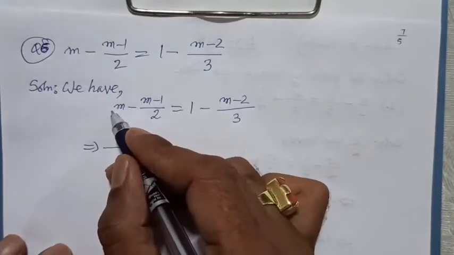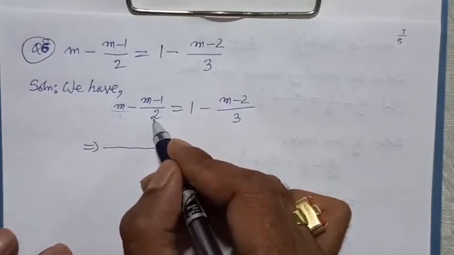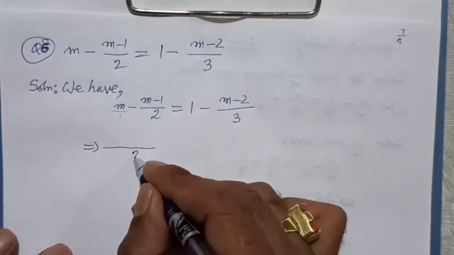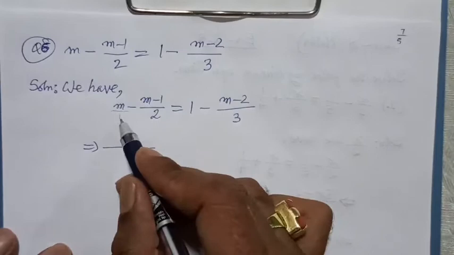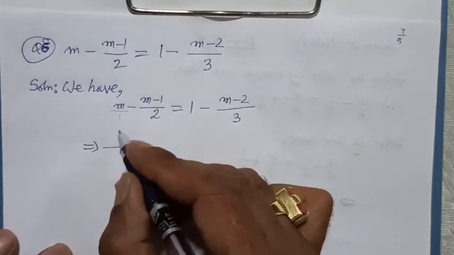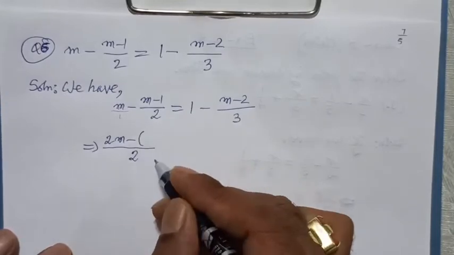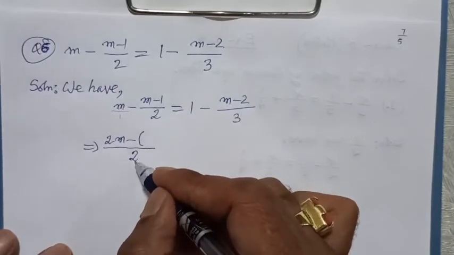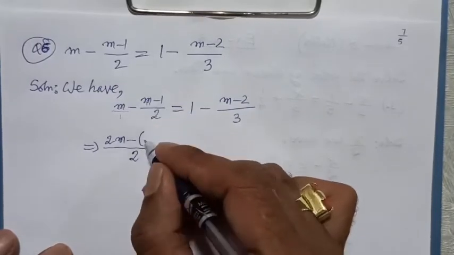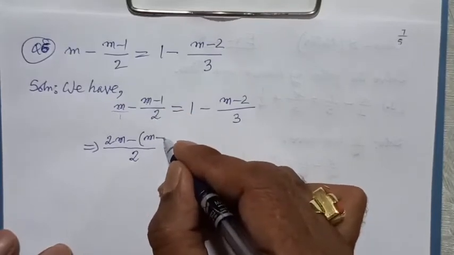For this m, in the denominator there is 1. 1 and 2, if we take the LCM, then we'll get 2. 2 divided by 1, we'll get 2. 2 into m is 2m. Minus sign, use a bracket. If 2 divides this 2, then we'll get 1. 1 into m is m. 1 into minus 1 is minus 1.